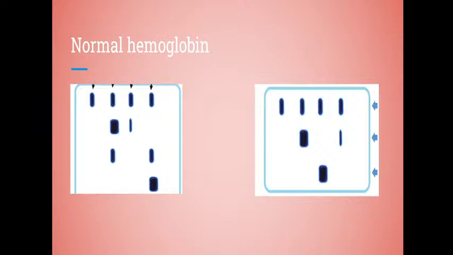Okay? You only inherited one part of the gene. You only inherited it on one part of your allele. Okay? So therefore, you're still producing alpha hemoglobins. You're still producing normal hemoglobin, but at the same time, you're also producing sickle cells with the sickle cell gene.